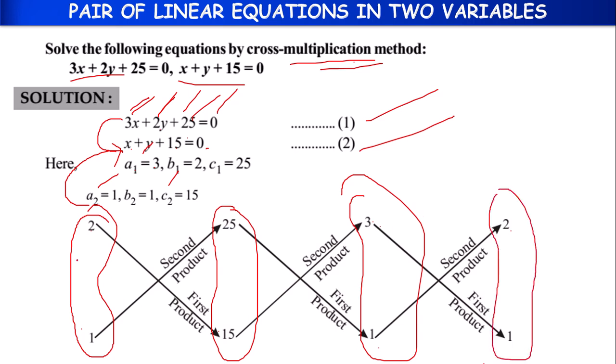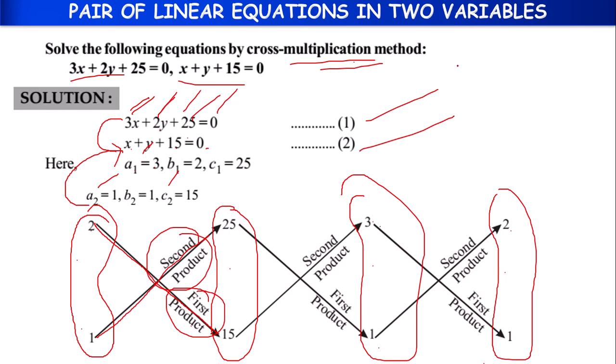Like that we have to take the coefficients and constants. Now we have to do the product of these two terms, which is the first product, and these two terms, which is the second product, and we have to take their difference.